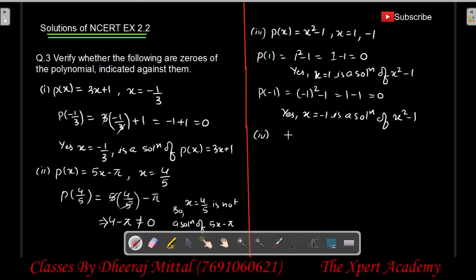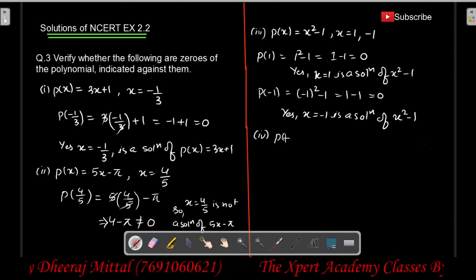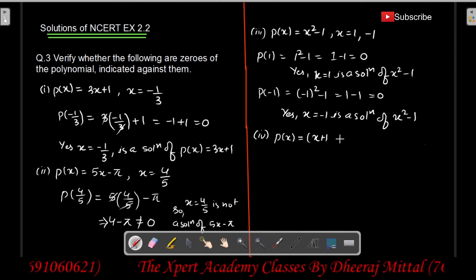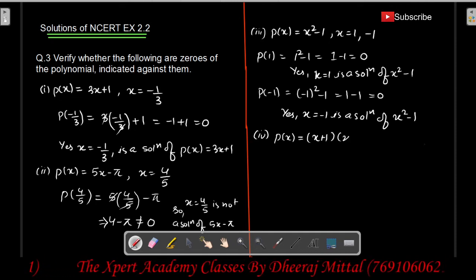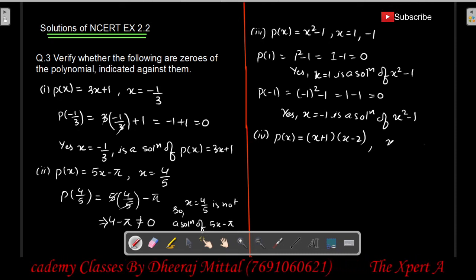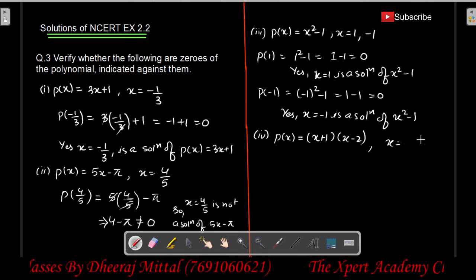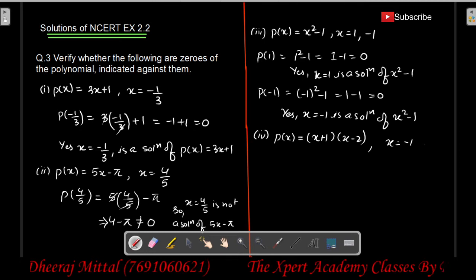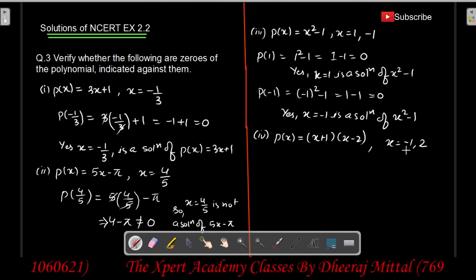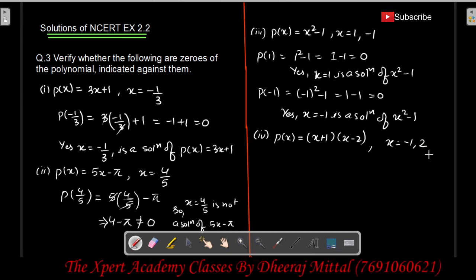Now similarly fourth part, px is equal to x plus 1 and into x minus 2, and we have to find the value at x is equal to minus 1 and 2. So first we will find at minus 1 and then we will find at 2.